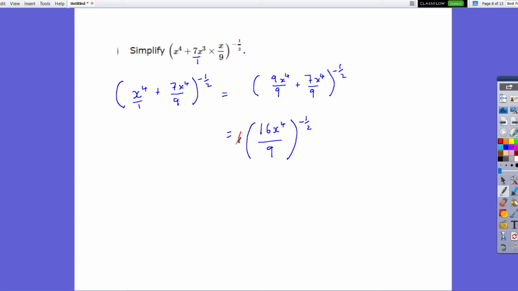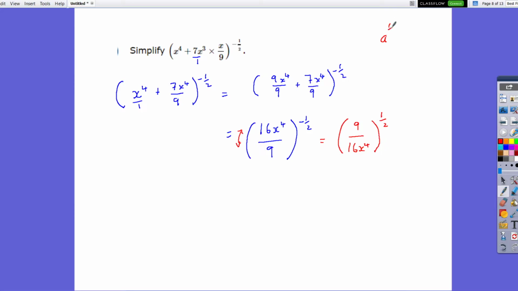Because we want to make the power positive, this will be the same as 9 over 16x to the power 4. So by doing that, we can change this negative power to a positive power, because minus means it's a reciprocal, it's going to be 1 over.